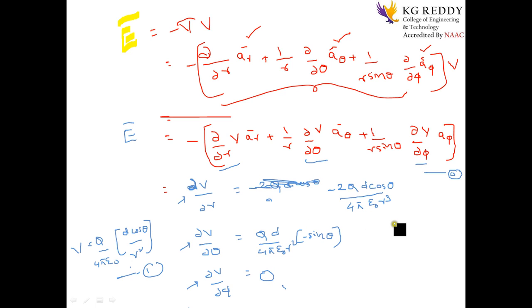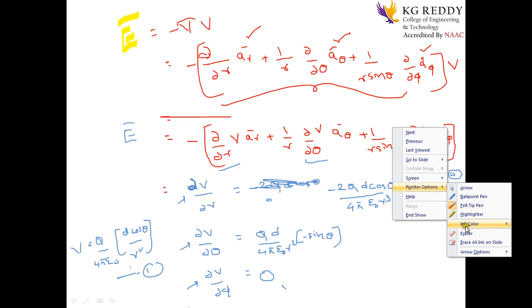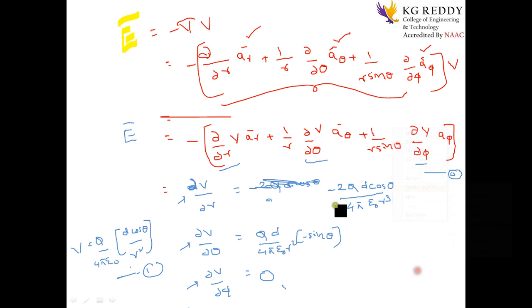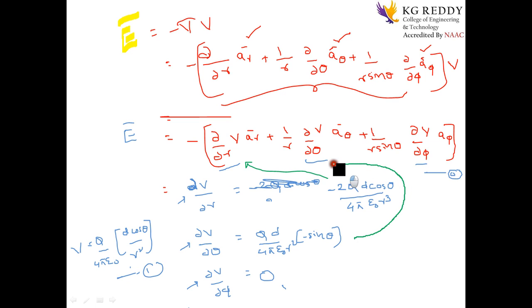Finally, you need to substitute all these three in the equations. You need to substitute the first one here, and this one here, and in the same way, the 0 you got will take this position.